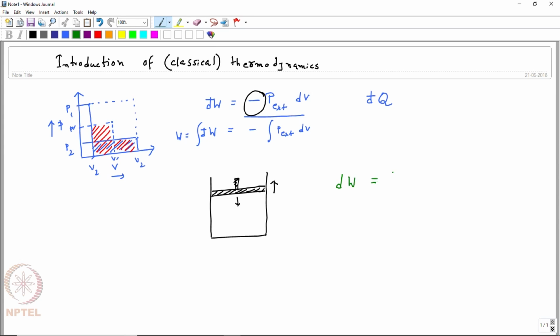So the differential work done or differential heat withdrawn are basically inexact differentials. So we have to use a cross sign here, and we know that for any cyclic process the system will always come back to the original state if the surroundings also come back to the initial state, which means there was no work or heat exchange involved.